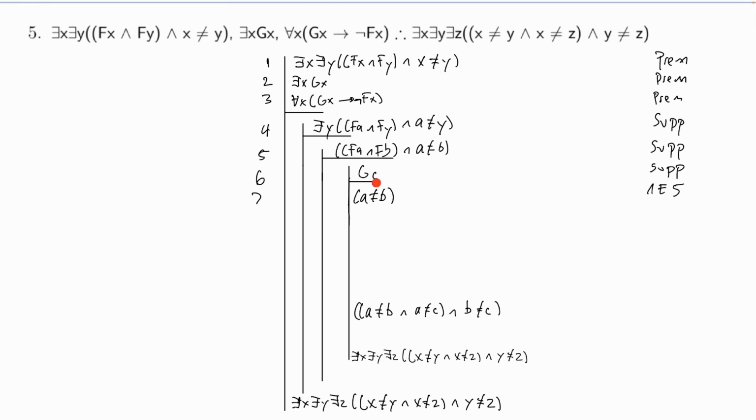We're going to start by saying, okay, C cannot be F, can't have the property F because of the 3rd premise here. So let's do that reasoning.